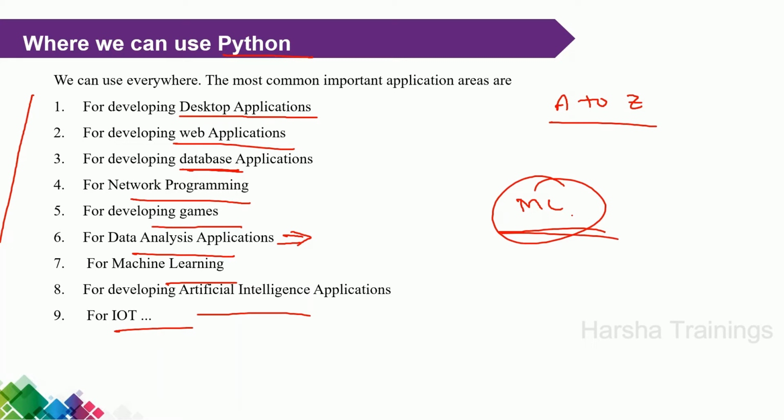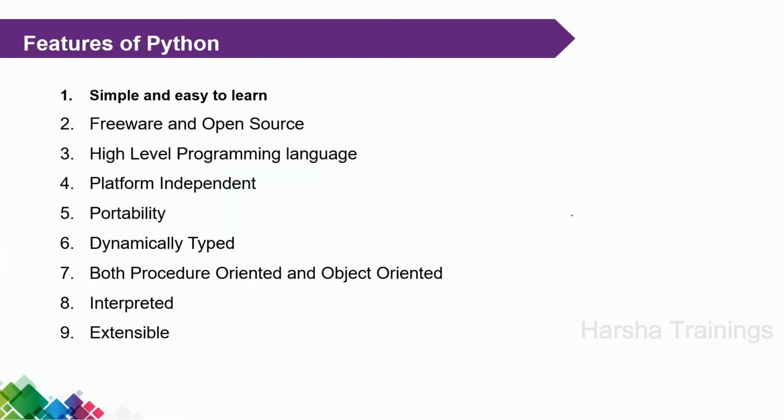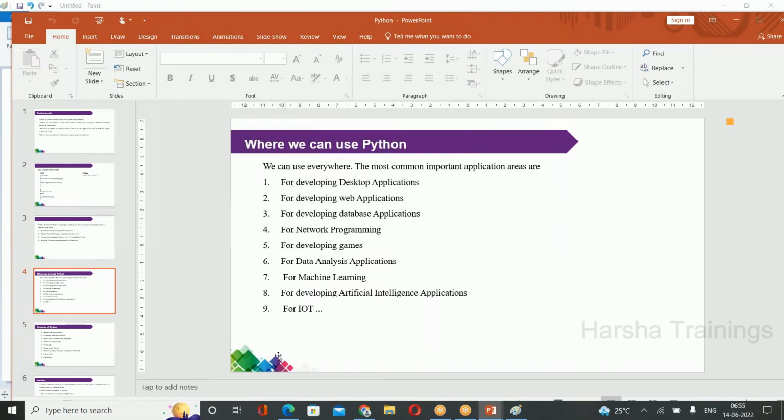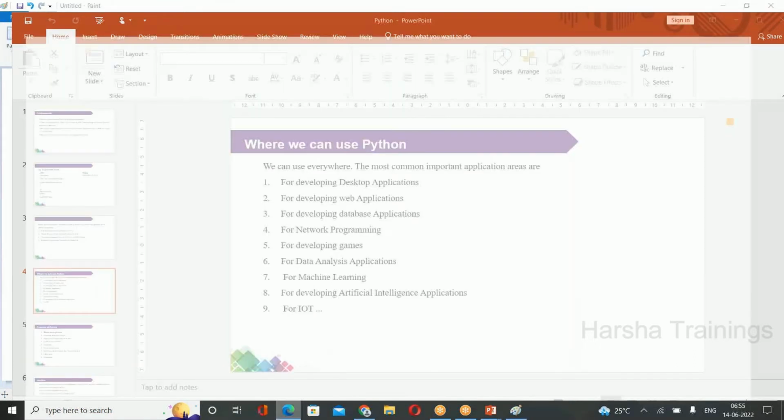For implementing machine learning, Python is the most popular language. So these are the features. We will discuss the features later. Before that, these are the applications and the contents we are going to discuss in our sessions. First, I will explain the contents, that is the topics that we are going to cover.